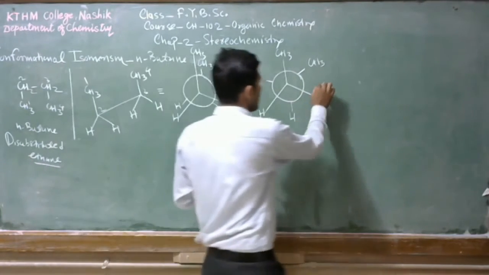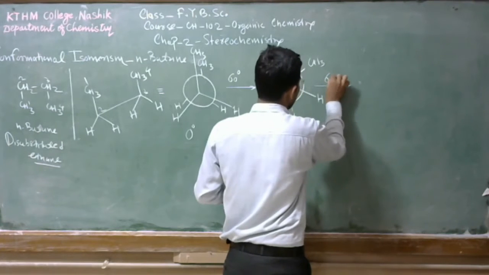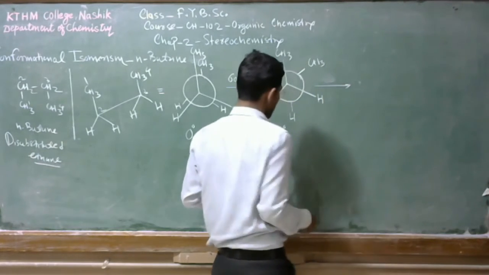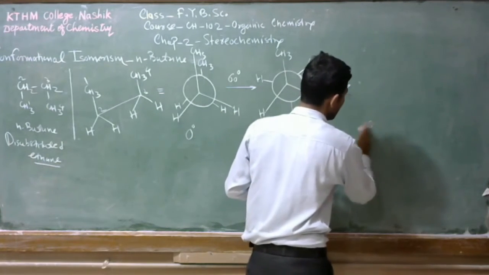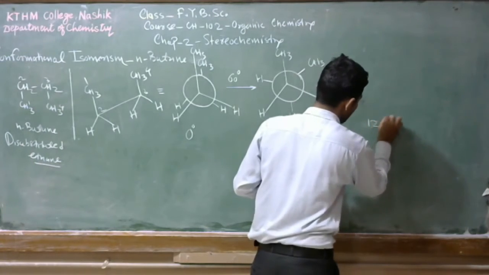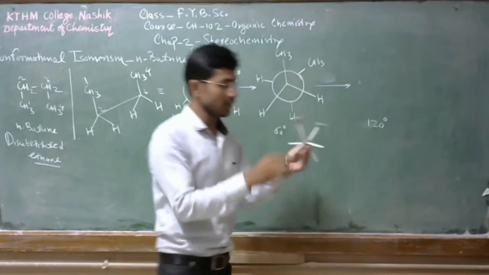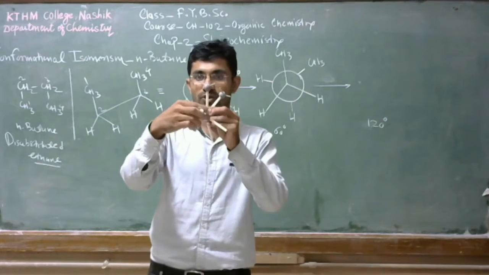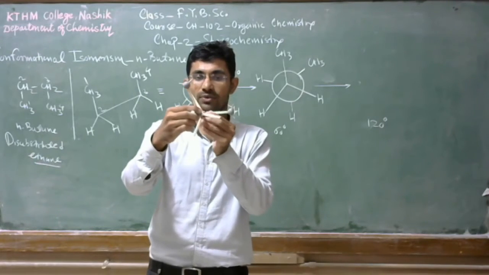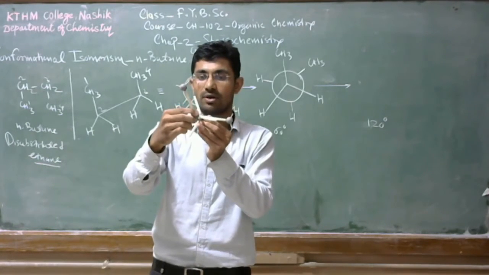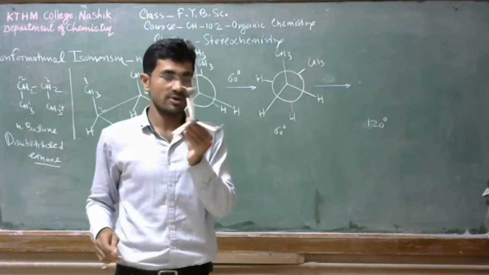Then again a rotation of 60. So 60 plus 60, the angle becomes 120. How much? 120. If you view from the front, we get this kind of conformation.